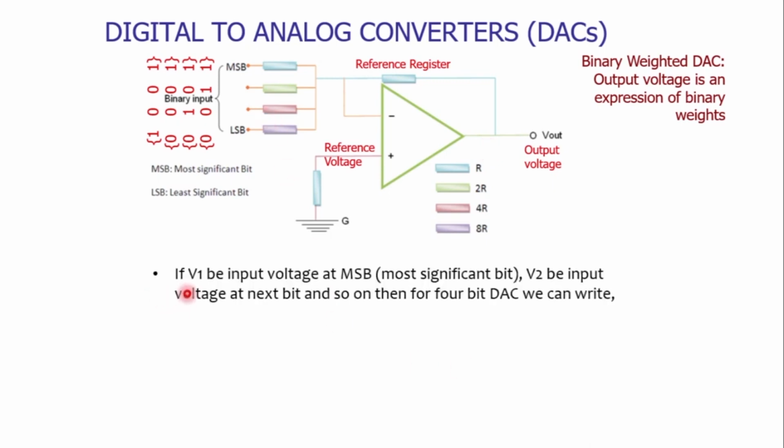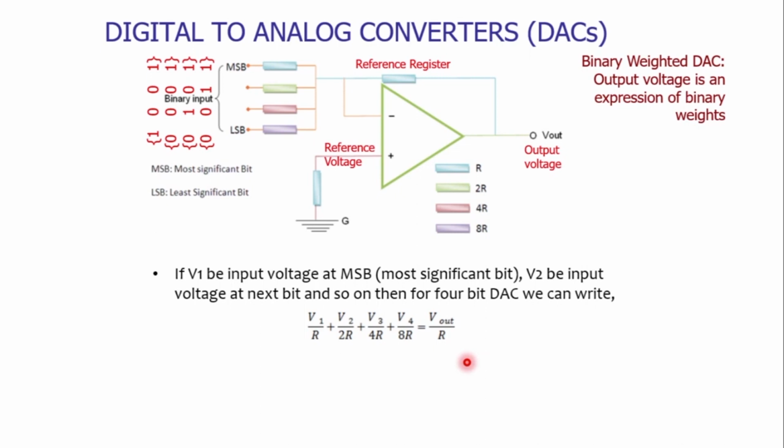Then we can say that if V1 is the input voltage at the MSB, V2 is the voltage at the next bit, and so on, then for the 4-bit DAC we can write V1 divided by R plus V2 divided by 2R plus V3 divided by 4R plus V4 divided by 8R is equal to V out divided by R.